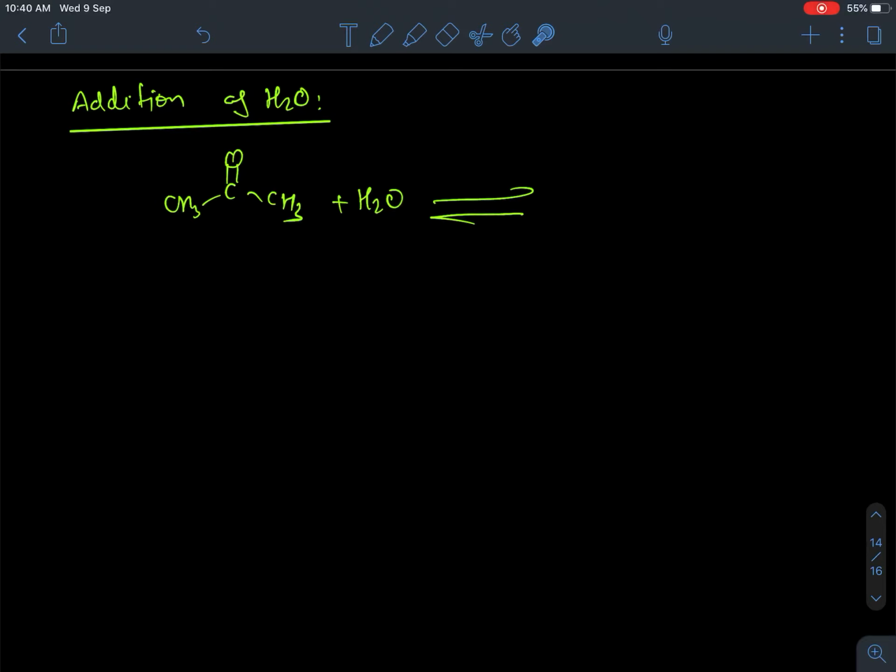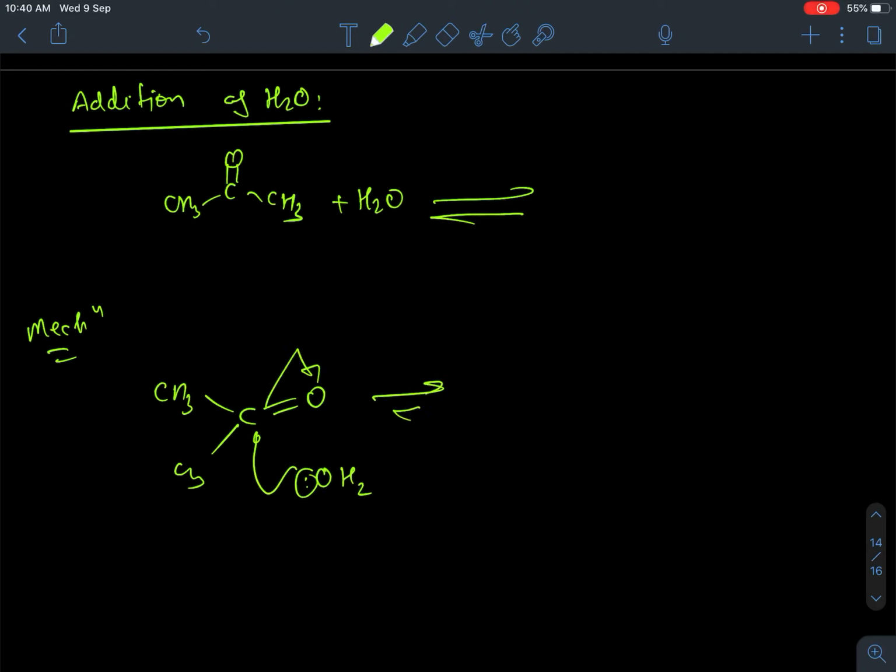I would like to go for the mechanism first. Again, in the same way, we have C double bond O, and H2O as a nucleophile. This will attack here. We are going to get this: CH3, CH3, O and OH2 positive.